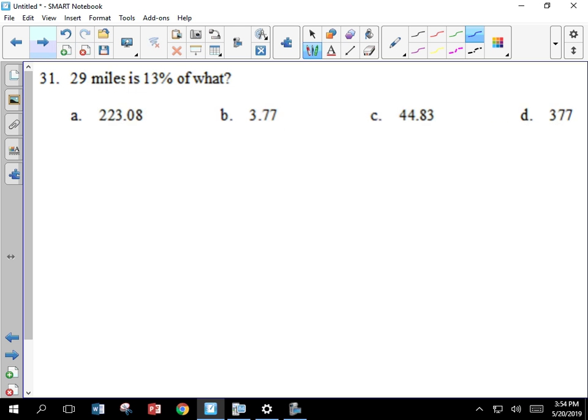All right. Same concept, 29 miles is means equals 13%, so I'm going to put it as a decimal, of times what? X. Now this one I'm going to solve for X, so I'm going to move this to the other side. They are multiplied together, so to undo multiplication, you divide.